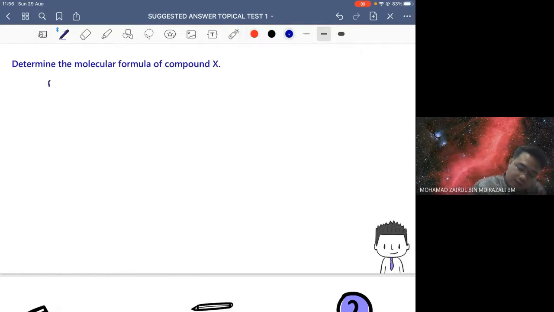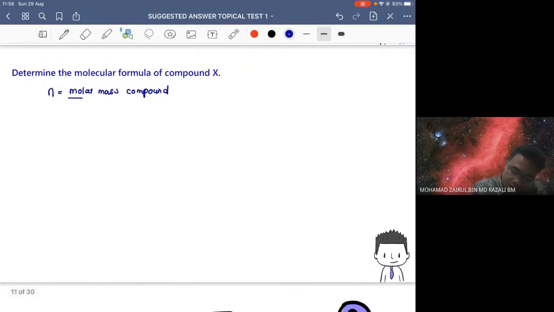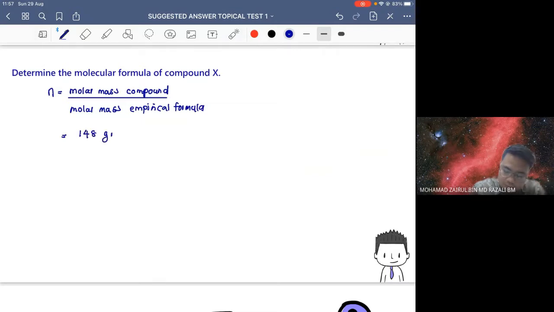So the N is equal to molar mass of the compound, or molar mass of the molecular formula, divided by the molar mass of the empirical formula. Okay, from the question, the molar mass of the compound given is 148 gram per mole.